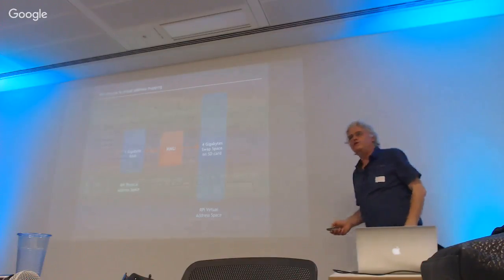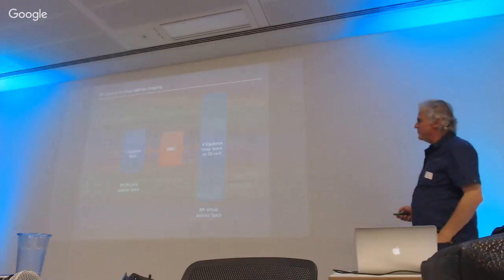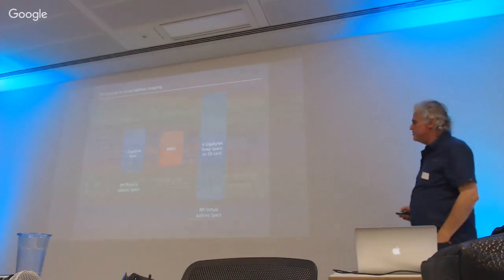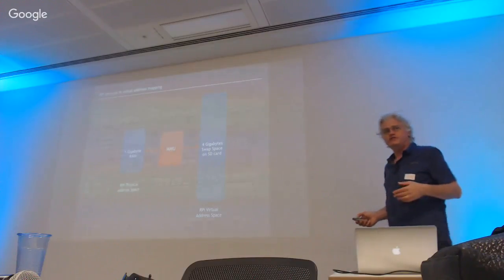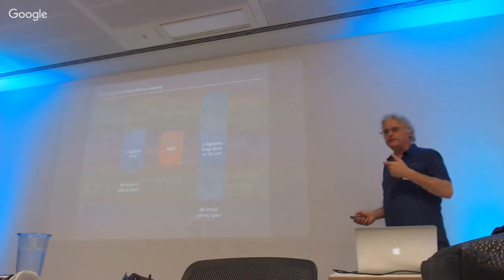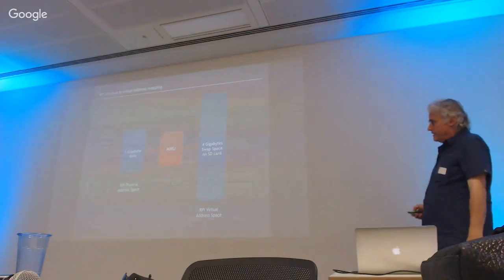That's the physical memory that's available. If you're running in 32-bit mode, you can do 32-bit addressing. In theory, you can address 4 GB of address space. But we haven't got 4 GB on the board. We've only got 1 GB of actual memory there.